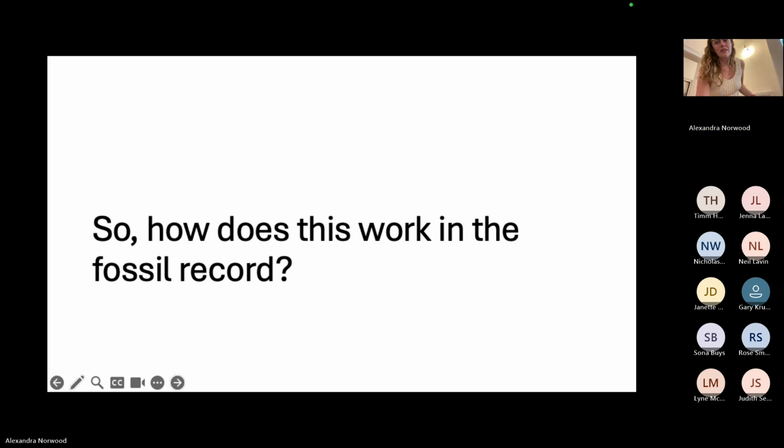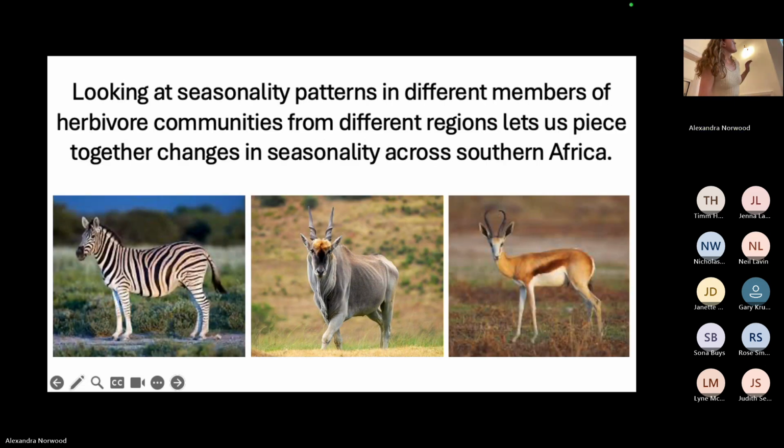And so the thrust of this bigger project is thinking about how grass availability within the year, rather than grass amount total, might be driving this extinction in the Pleistocene-Holocene transition about 10,000 years ago.